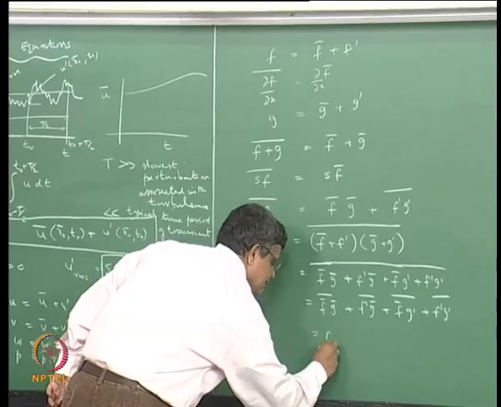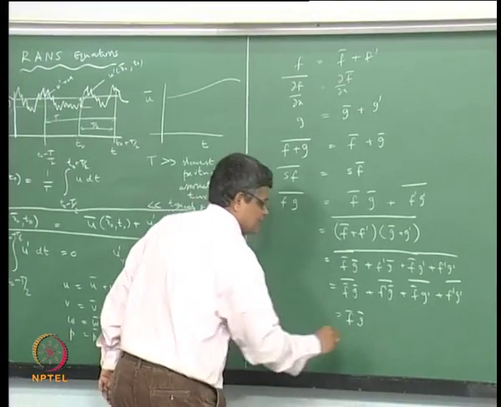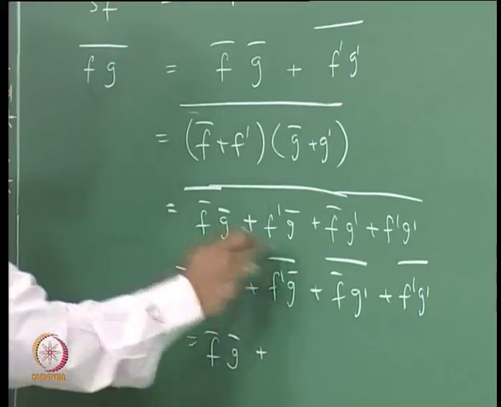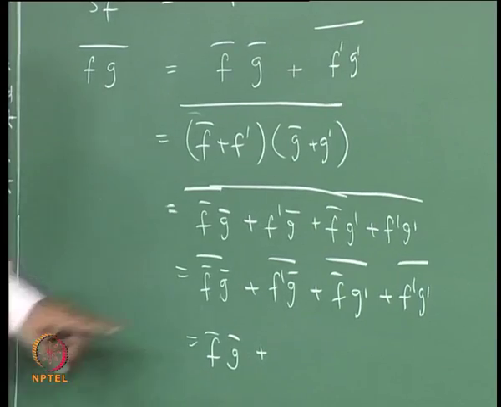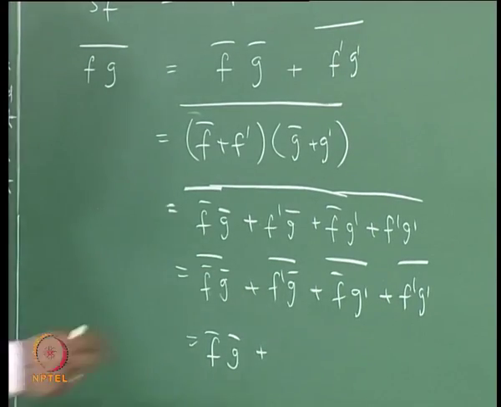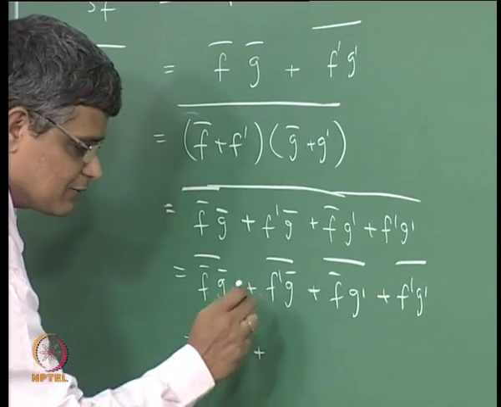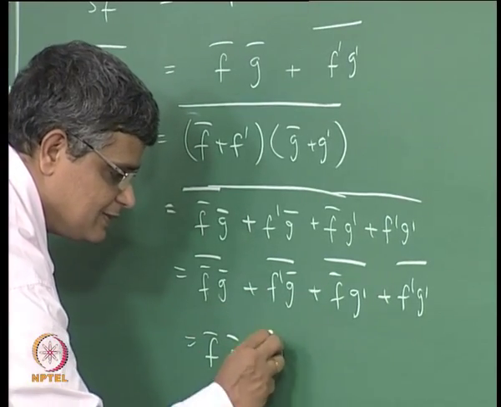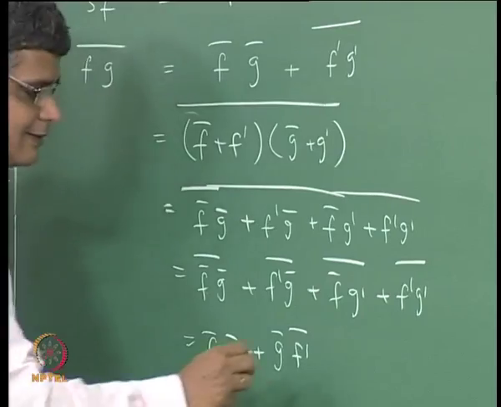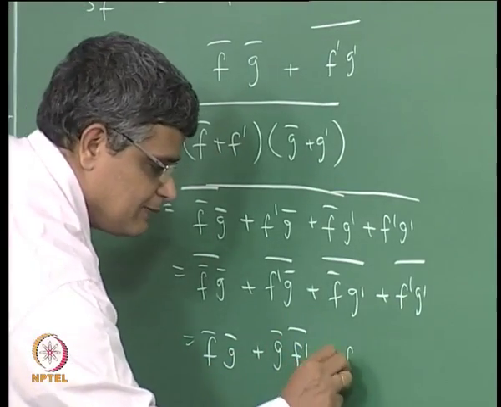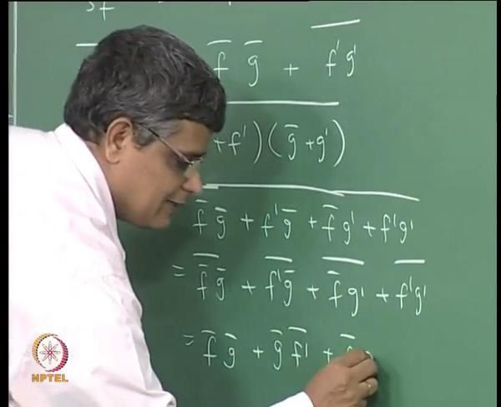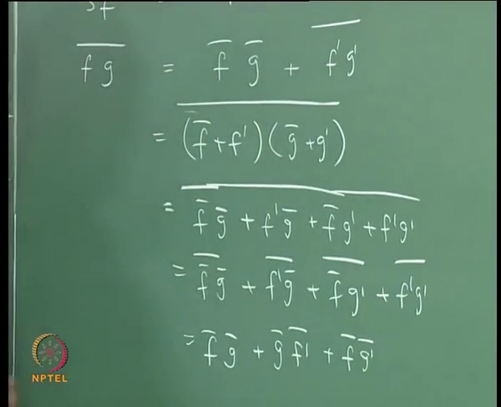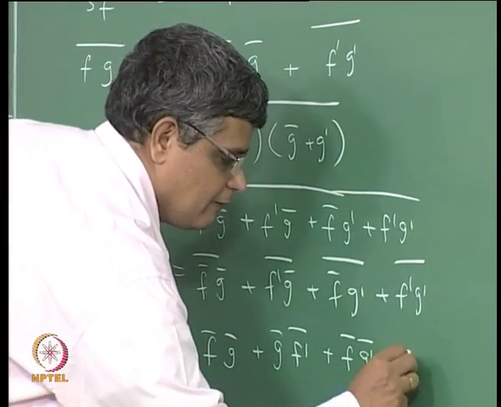Because these are constant within the time period capital T, they are not functions of time, so this will be nothing but f bar g bar. Here g bar is not a function of time within that period in which we are doing the averaging, so it will come out of the time integral, so this will be g bar times the average of f prime. Similarly f bar will come out, so this will be f bar times the average of g prime, plus the average of f prime g prime.